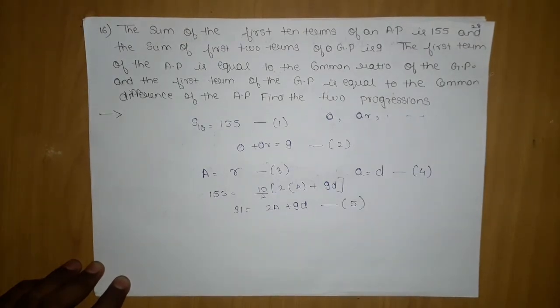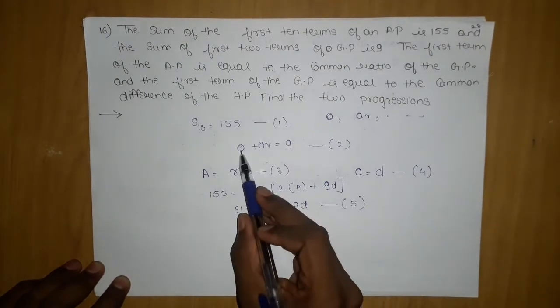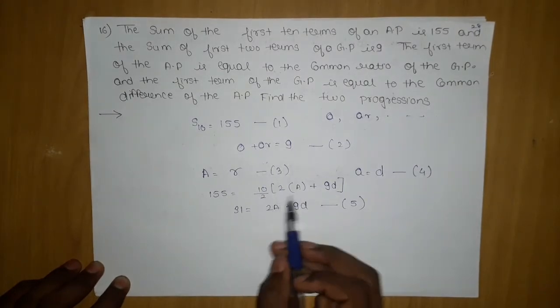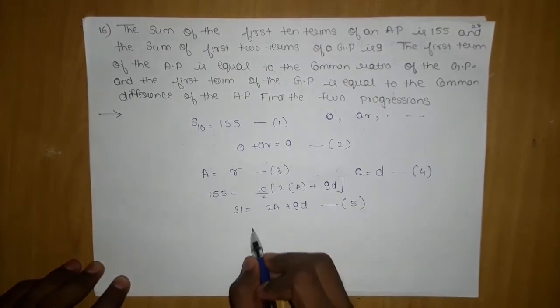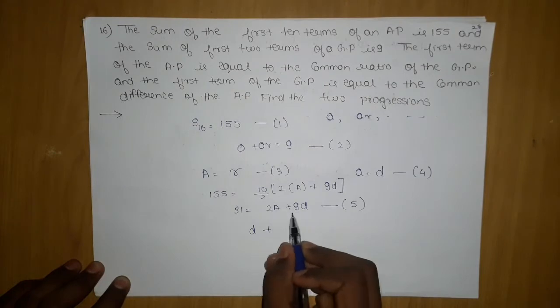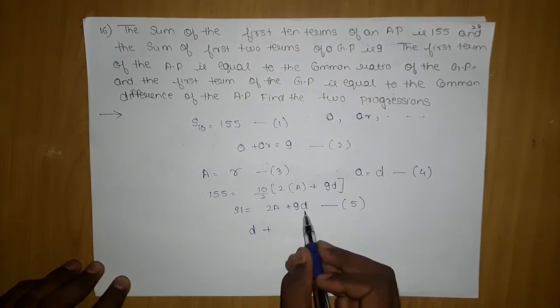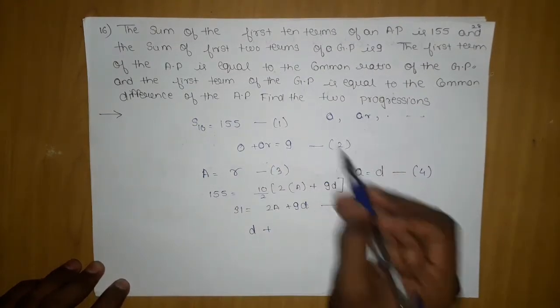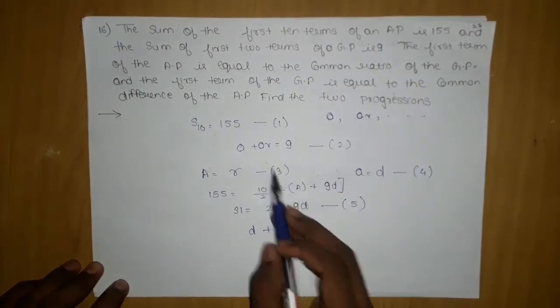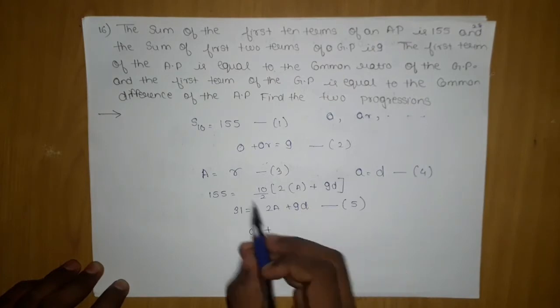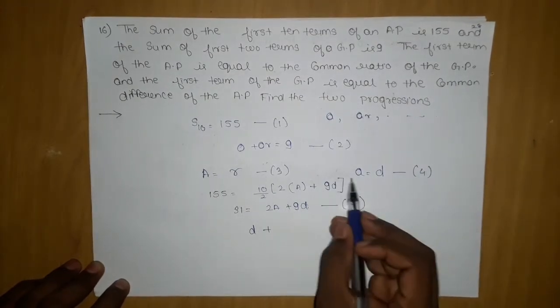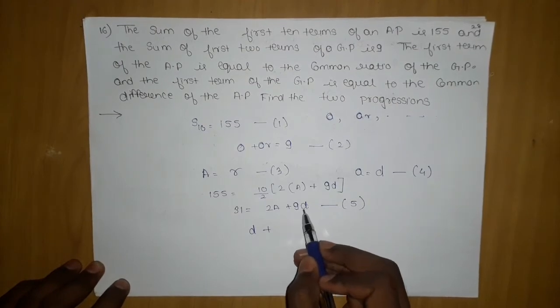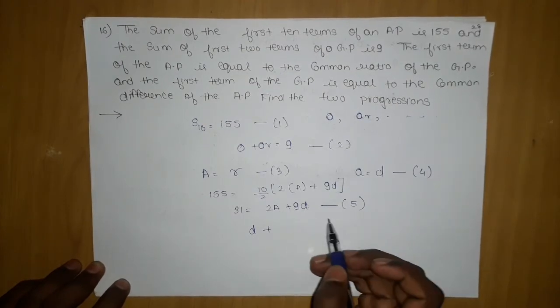What is the next equation they have given? a plus ar equals 9. We want a relation between A and D, which I can substitute here to get either the A or D value.